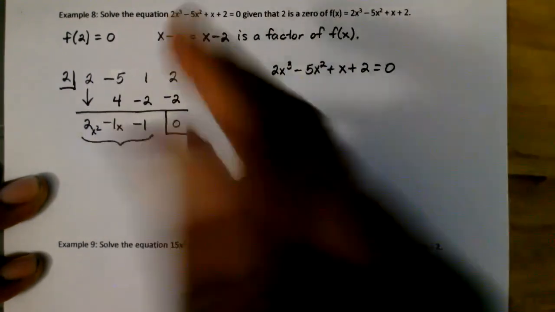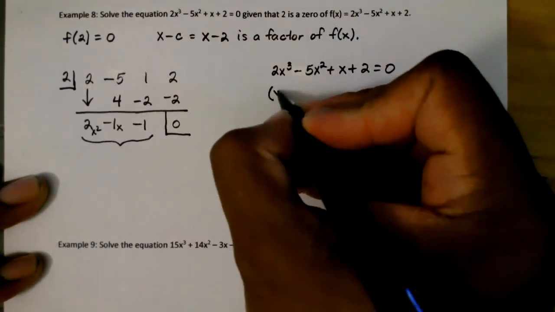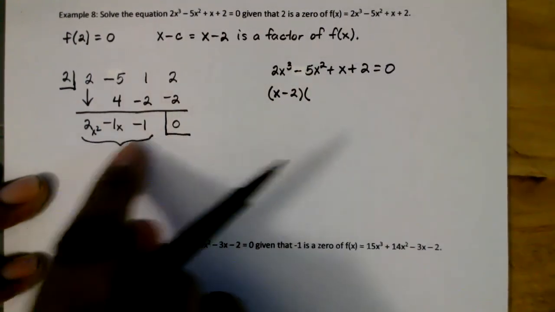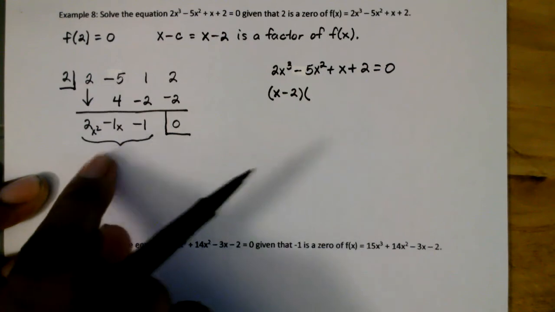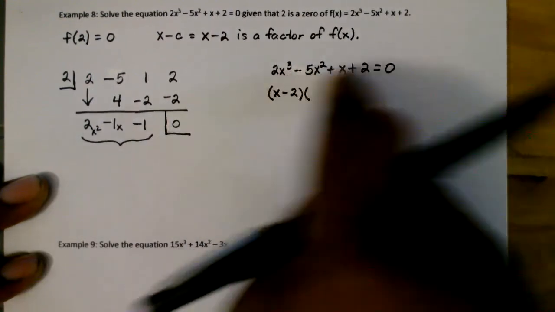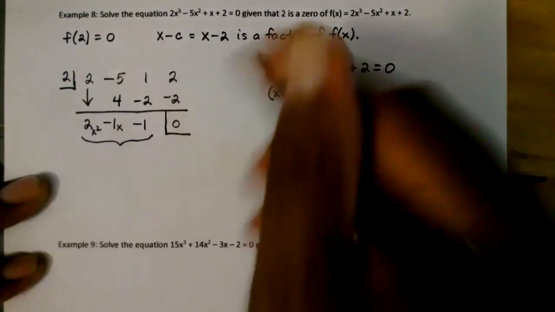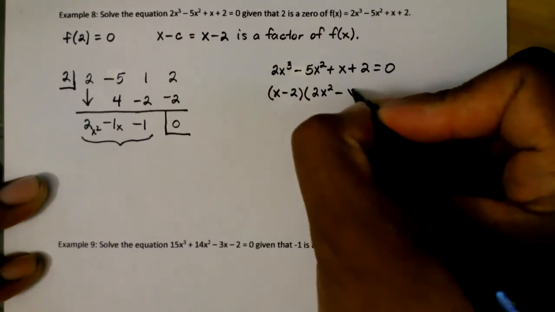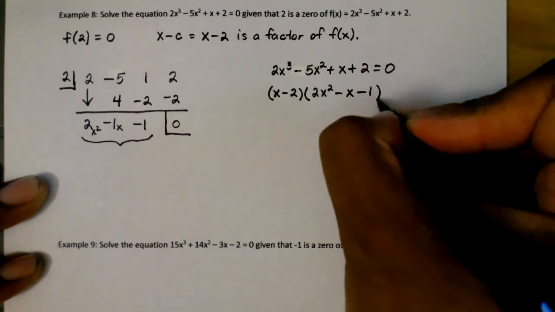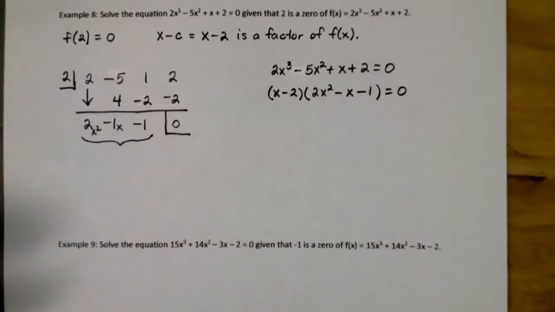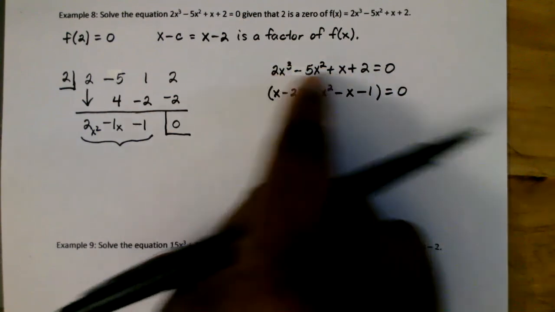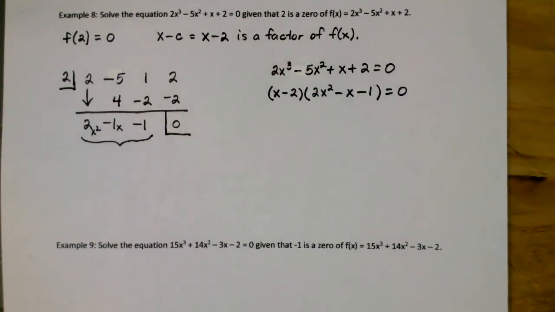I know x minus 2 is a factor, so that's going to be the x minus 2. I'll write that down. But this right here, the quotient, that's the other factor of this. So that's 2x squared minus 1x, so just x, and then minus 1. That's equal to 0. So if you were to multiply all this out and combine like terms, you'll get this.